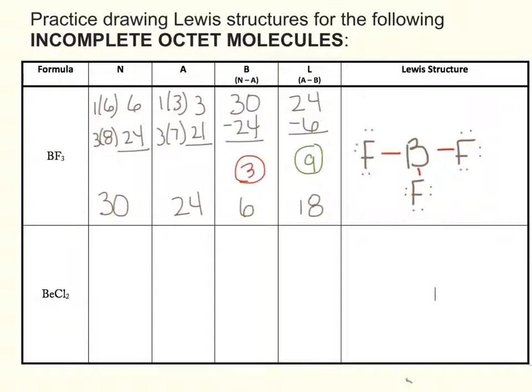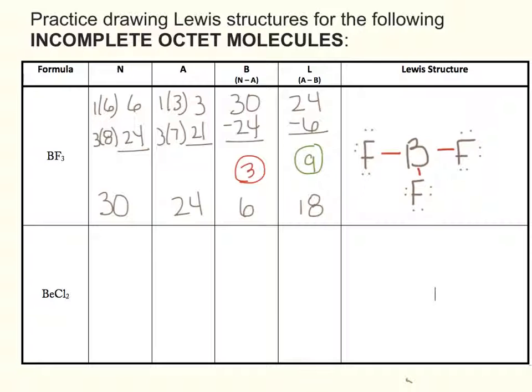You might be worried that B looks like it needs a lone pair and we don't have any more to give it, but remember, this is an exception to the octet. B only needed 6 electrons to be stable, and it has that with the 3 bonds that it formed with fluorine. So double checking each of the atoms present for stability, we have our Lewis structure for boron trifluoride.